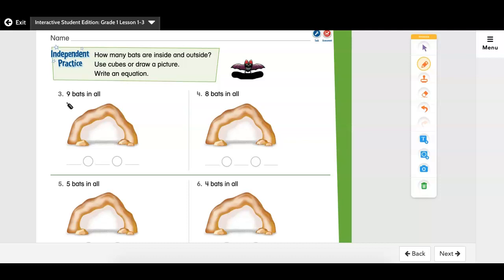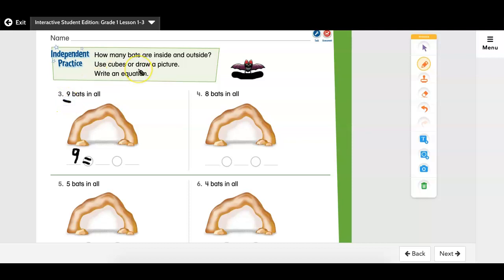What plus what equals 9? I'm going to write 9 here because I was told that is my total. So I know it's going to be 9 equals, because I have 9 bats in total.